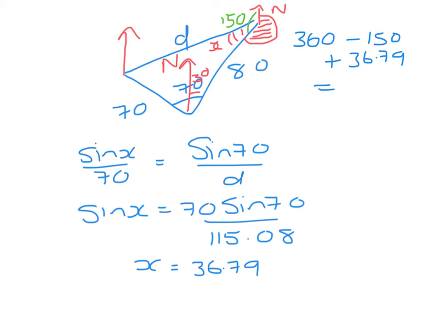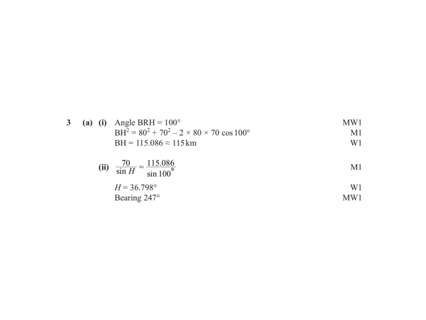So our angle is 210 plus 36.79, which gives us 247 degrees for a 3-figure bearing.